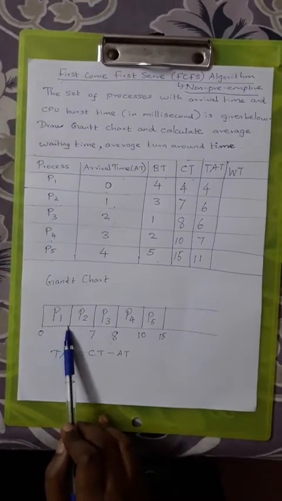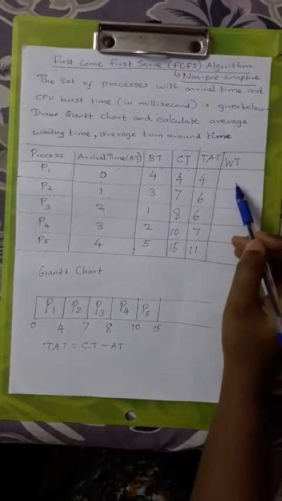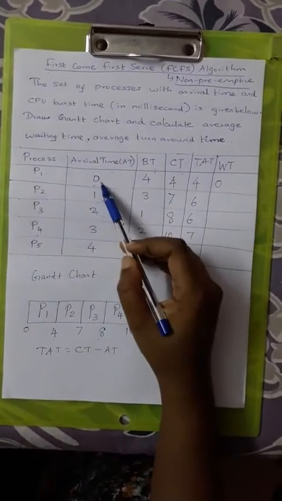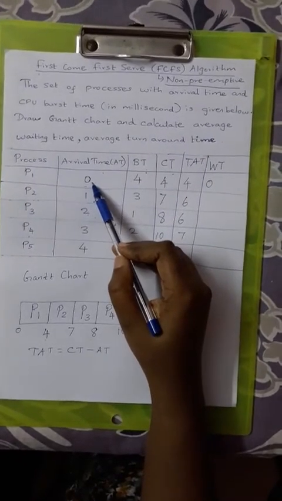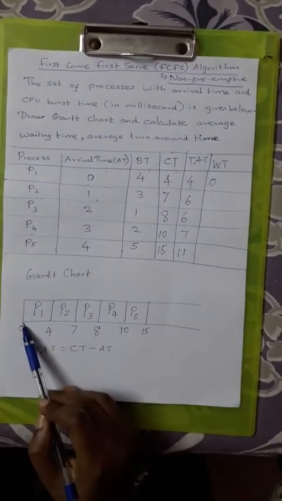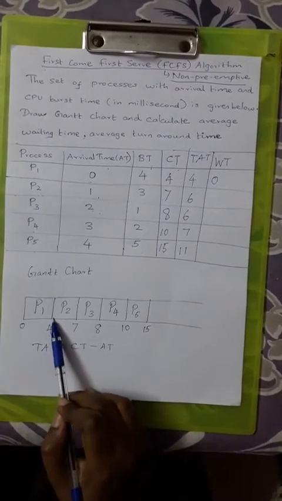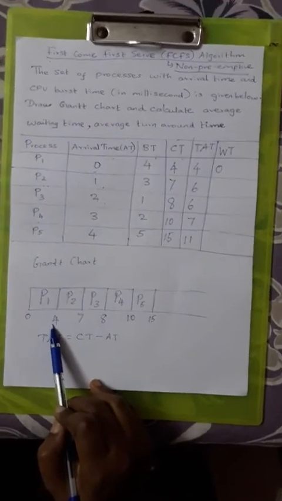So this process P1 doesn't wait at all. So the waiting time of process P1 is 0 because this process P1 arrived at 0th millisecond and it starts its execution immediately. That is from 0 to 4 itself, it completed its execution.